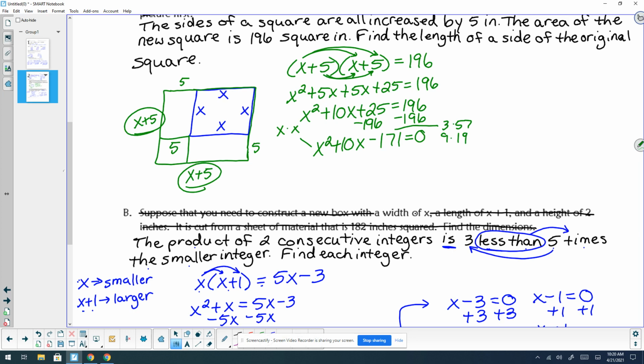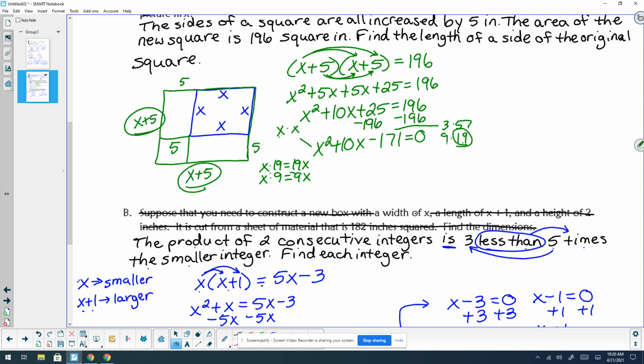So I'm going to tell you that what we're going to use, because I have a negative in the back, I need to have a number that is larger than 10, which is this 19. I'm going to go ahead and use 19. X times 19 is 19x. Because I used x, I have to use x. Because I used 19, I have to use 9. Now, how do I make 19x and 9x become 10x?